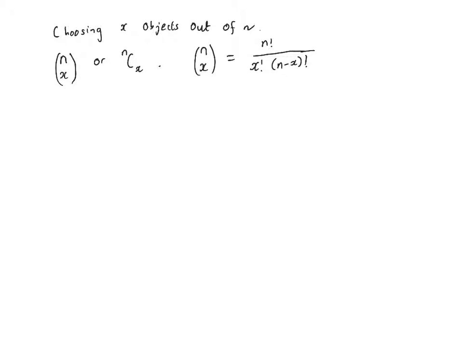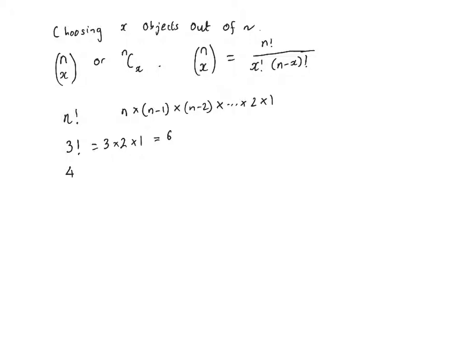So what does this factorial mean? What is n factorial? Well, n factorial means we take n and then we multiply that by n minus 1, by n minus 2, and so on, all the way down to 1. So n factorial is the product of all the numbers up to n. So as an example, 3 factorial would be 3 times 2 times 1, which is 6.